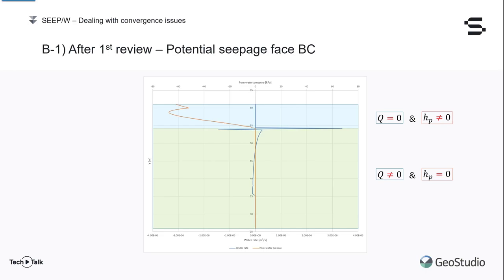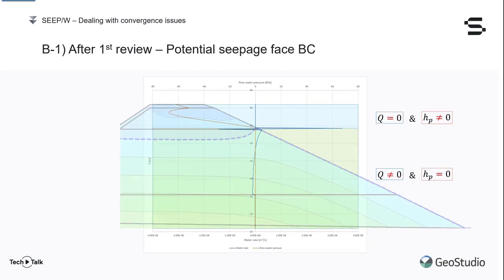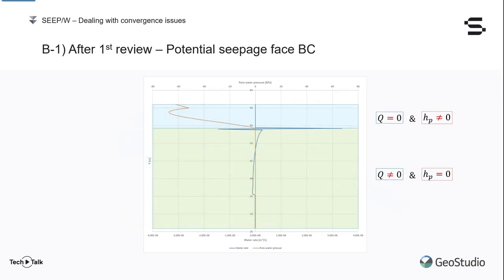And indeed, if I overlay the dam's section on top of this plot, we can see how the dashed blue line representing the piezometric surface exits the dam where we identified the change in boundary condition type chosen by the drainage boundary condition. If we take a closer look at the water rate values reported here, you might notice something odd.